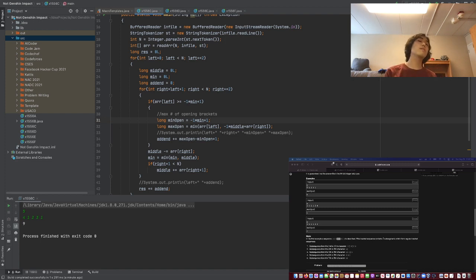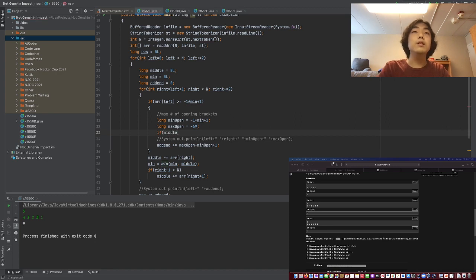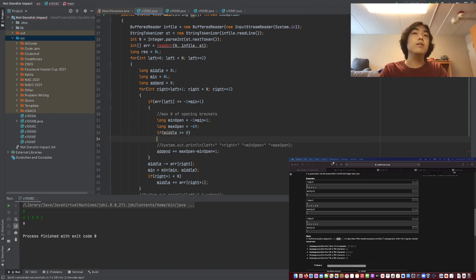The maximum that we can have open is based on the middle portion, like whatever the delta of this middle portion is. If it's a positive delta, for example, then, okay, so if middle is greater than or equal to 0, that means we have a lot of opening bracket sequences.